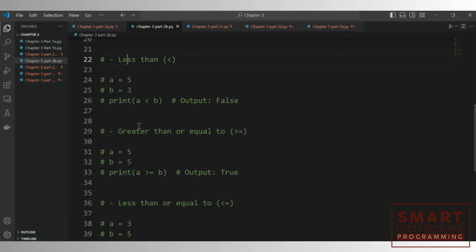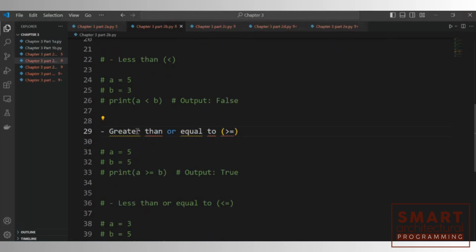Next, we have greater than or equal to operators, which are pretty much the same as the greater than operator, just that we're not only testing for a value being greater than the other, but we will also test if the value is greater or equal to that value.